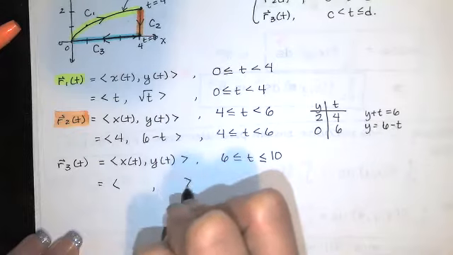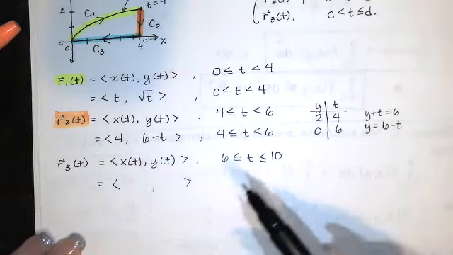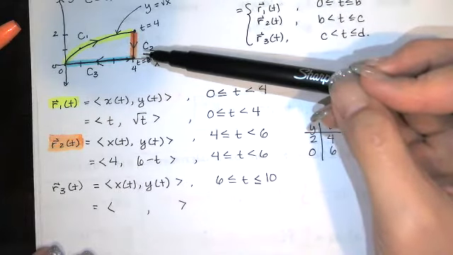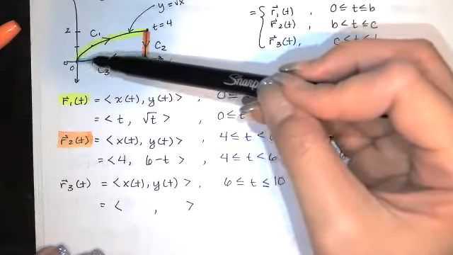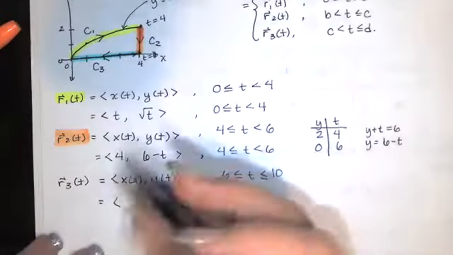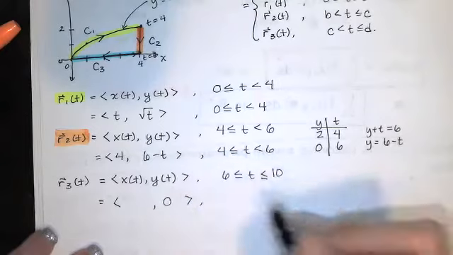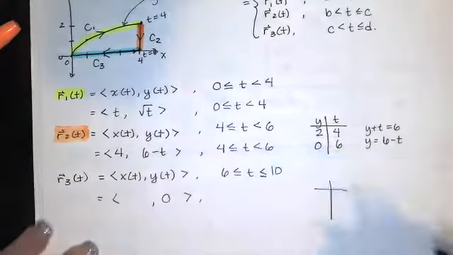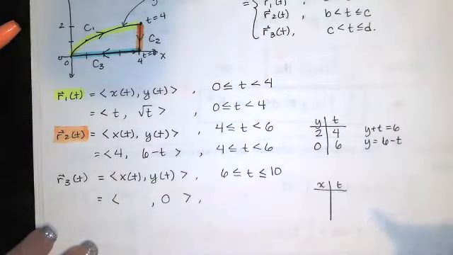Now, if x or y is constant, it's always easiest to fill that in first. And this time, hope you all see that y is equal to 0 the whole time. And x is changing. So y is 0. And x, we want to be a linear function of t. So I'll put x here and t here.